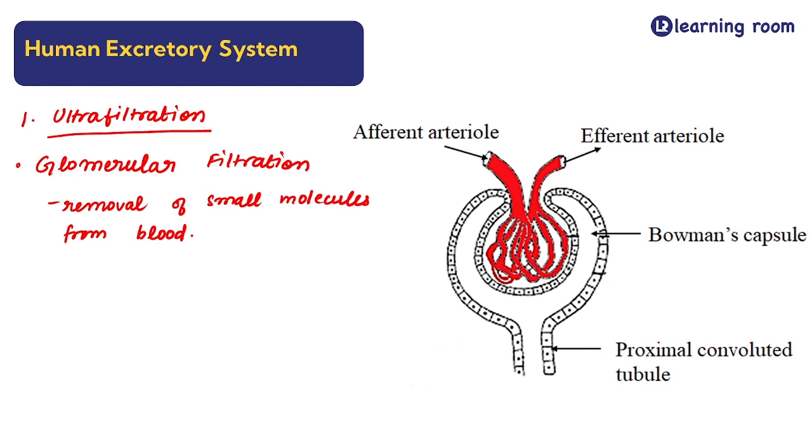The blood that flows from the branches of the renal artery enters into the glomerulus in the form of these afferent arterioles. Most of the blood plasma gets forced out of the glomerulus and into the Bowman's capsule through this single celled layer.